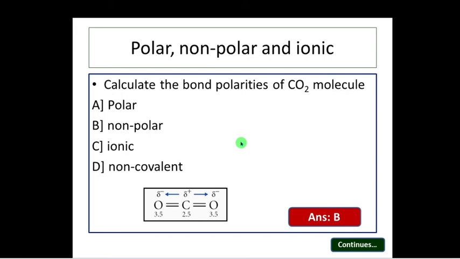They may ask in examinations why CO2 is non-polar, or about the CO2 molecule's bond polarity. Because of the pulling nature of the electrons, carbon's electrons are pulled by the two oxygens equally. If it were a polar molecule, the electrons would be pulled toward one end.